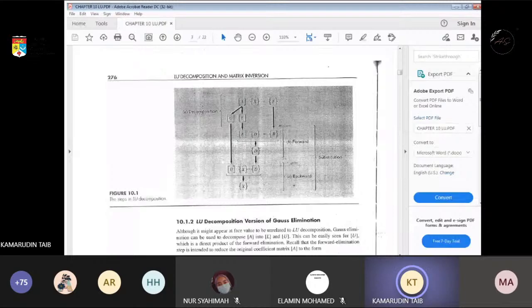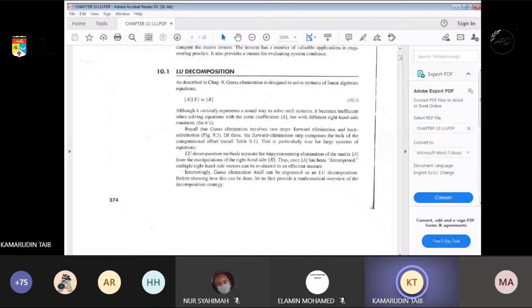And the advantage is stated here. It separates the time-consuming elimination of matrix A from the manipulation of the right-hand side B. Instead of manipulating the right-hand side B like what we did in Gauss, we don't manipulate it.